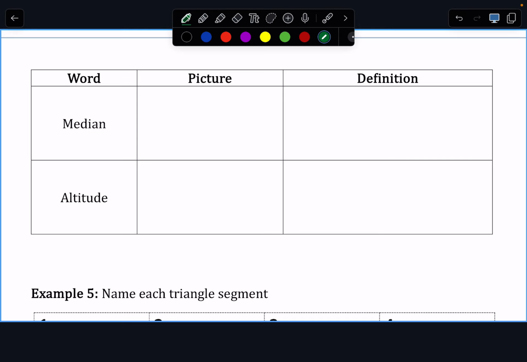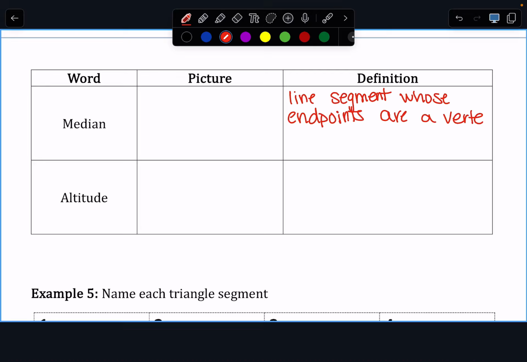So, in a triangle, we are talking about the line segment whose endpoints are a vertex of a triangle and the midpoint of the opposite side.